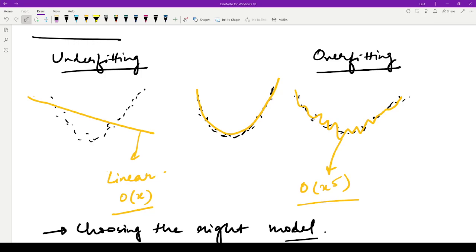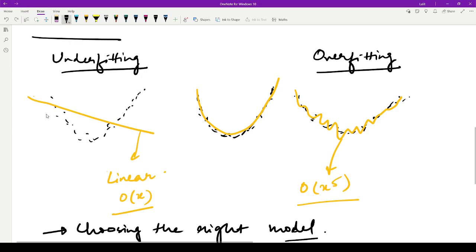The training data will exactly match, but the testing data won't match. No. For underfitting, is it the case? It's the opposite. Yeah, vice versa. So you can see clearly that your training data doesn't fit properly, and neither does your test data.